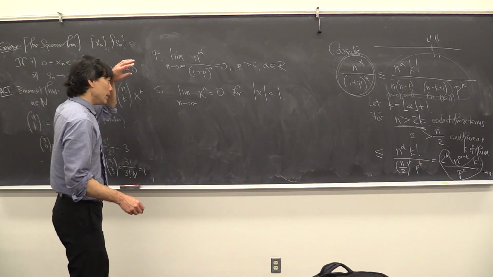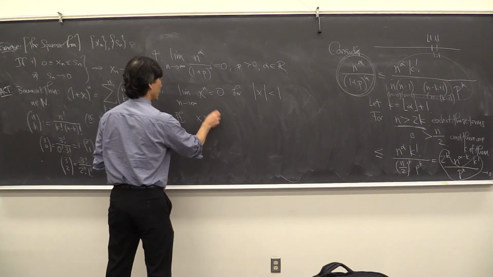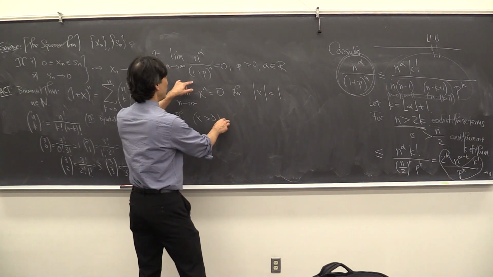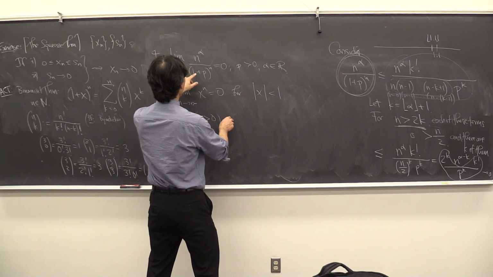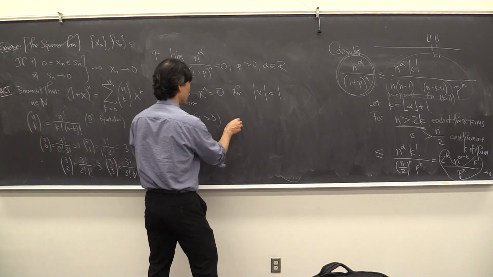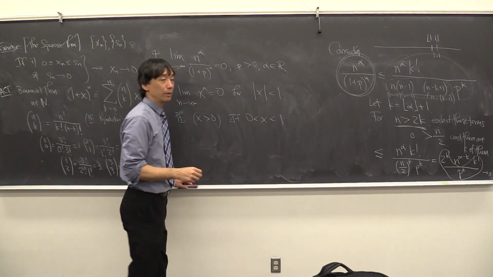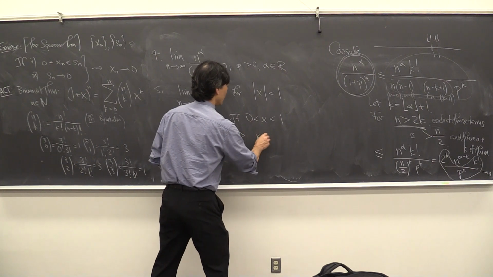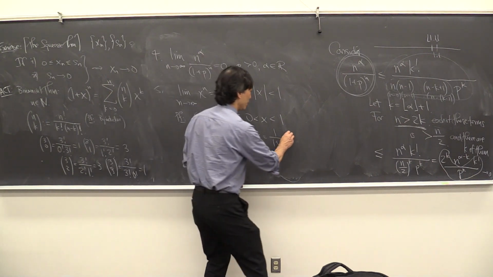Okay, and let me just show it quickly. Let's do it for x positive. If x is smaller than 1 and greater than 0, then x can be written as 1 over 1 plus p, for some positive p.